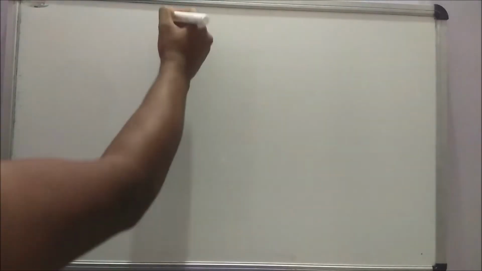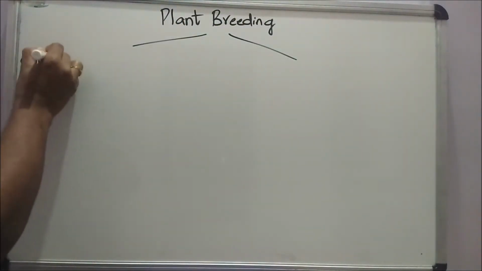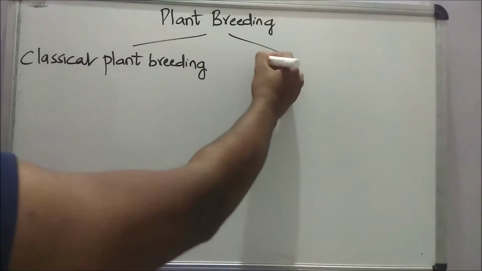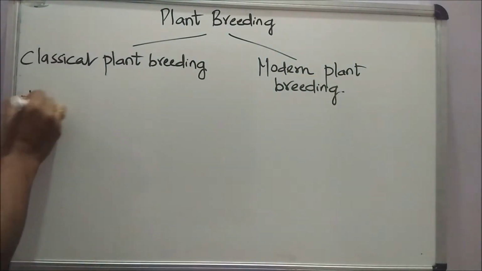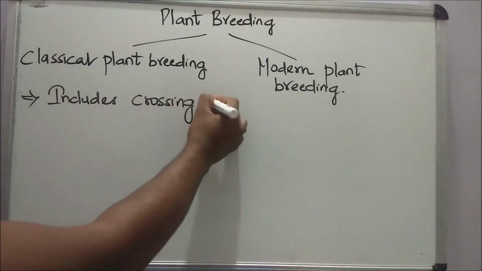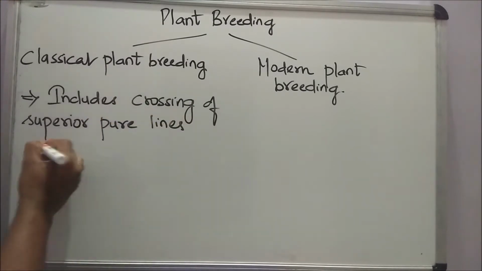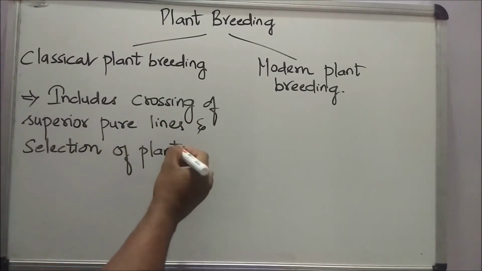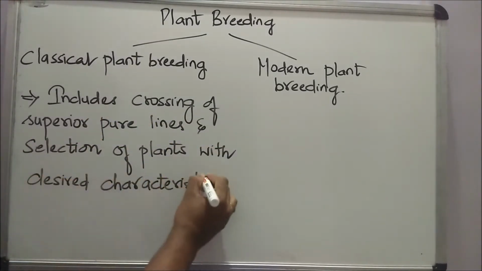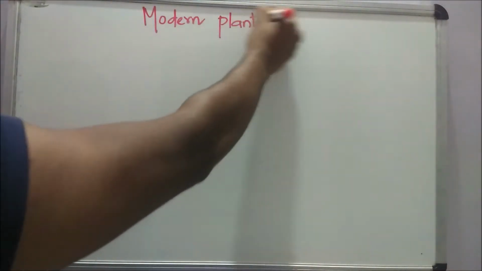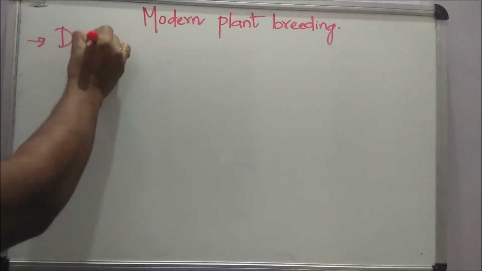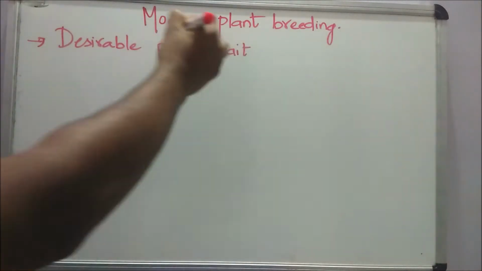Plant breeding can broadly be classified into two types: classical plant breeding and modern plant breeding. Classical plant breeding includes crossing of superior pure lines and selection of plants with desired characteristics. Modern plant breeding is where the desirable plant trait is incorporated by the plant breeding.